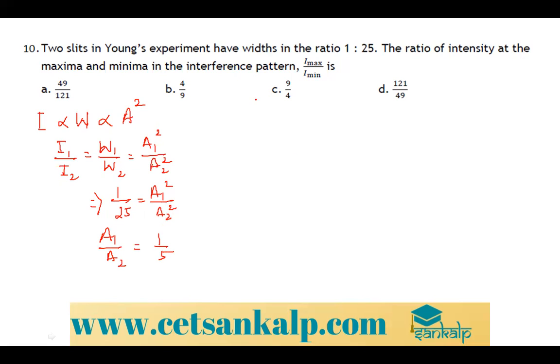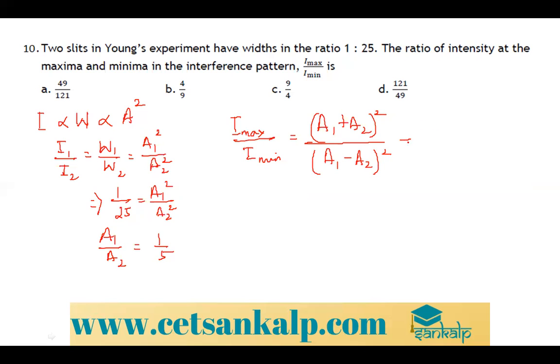So now you know that I max divided by I minimum is equal to A1 plus A2 the whole square divided by A1 minus A2 the whole square.